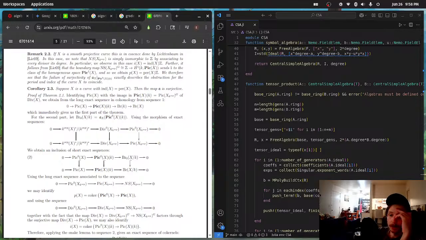And we want to know, is there an algorithm for figuring out, is the Brauer group sub-zero? Is that like the algebraic Brauer group? What is this? Just the one coming from Pic 0.